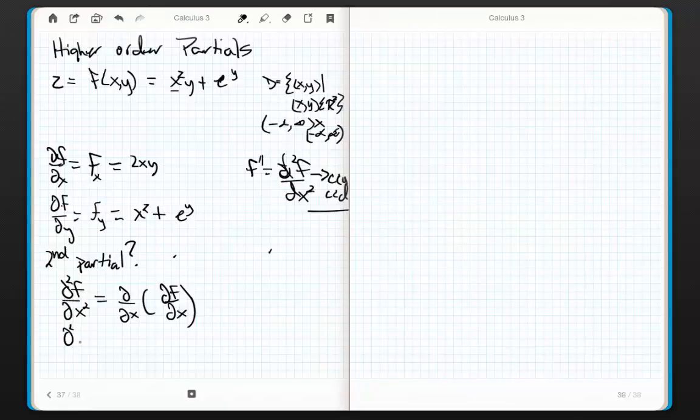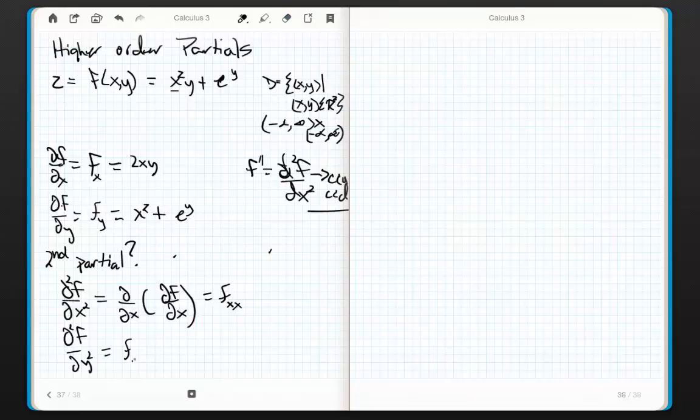Likewise, we could do the second partial of y. Oh, by the way, this notation is written, you could probably guess, as xx. This thing is going to be written as xy. Or try that again, yy, because I'm taking the derivative with respect to y of the derivative with respect to y.